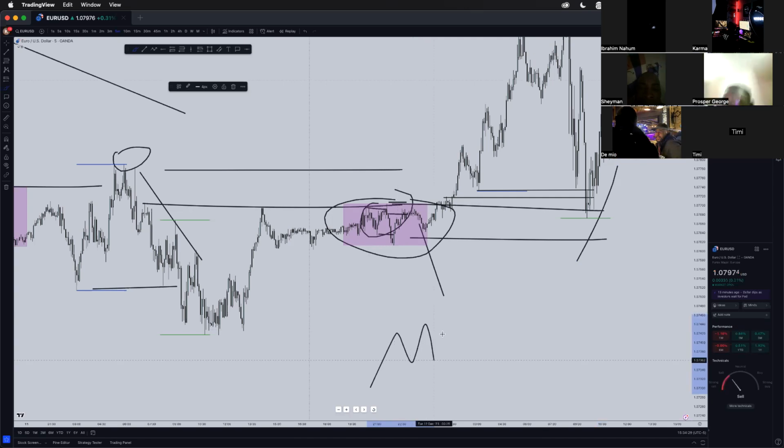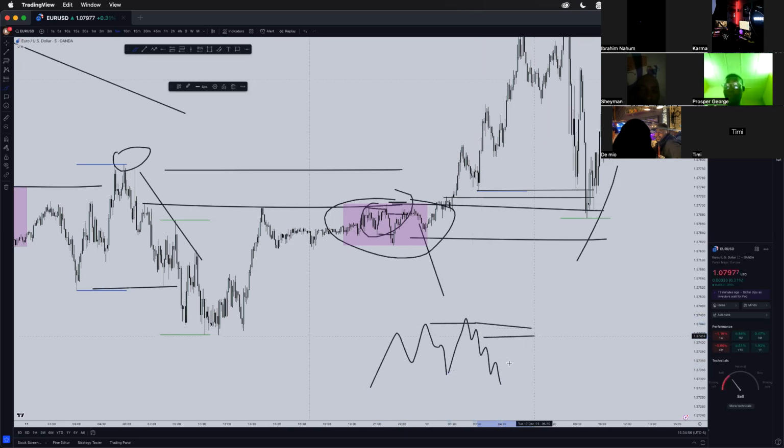We have an external liquidity right here, as usual. Then market created an inducement. Then market comes, takes care of the inducement, but now breaks structure without a momentum and distance. But some other people don't know, they see it as a protected high, right? So market now comes here. They saw their confirmation entry, right? Right here.